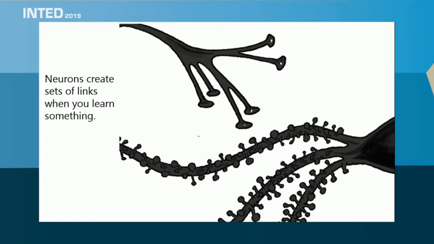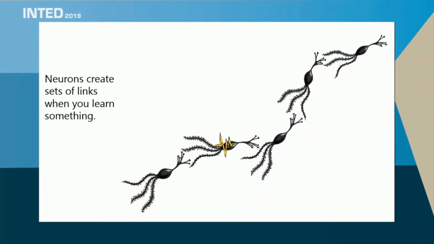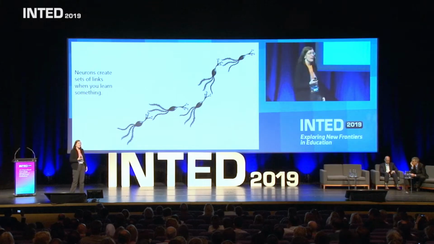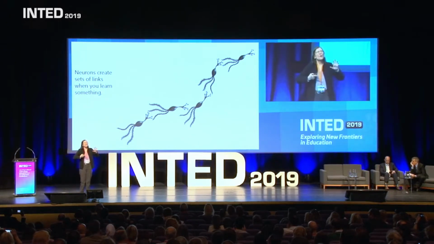When you learn anything, what you're doing is creating sets of links between neurons. For our purposes here, we've got something like 5 neurons together, though it's actually probably more, and sometimes many more.